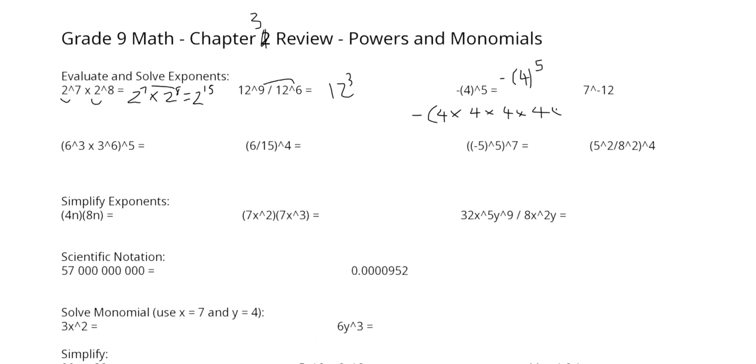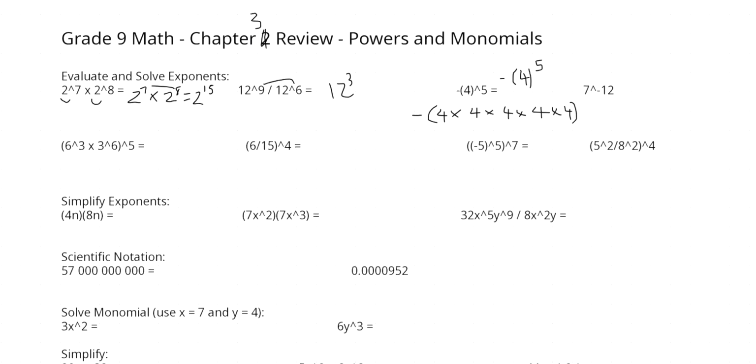Remember, when we have exponents that are odd numbers, it can determine what the sign is going to be if the sign is inside the bracket. But if the sign is on the outside of the bracket, and even if the exponent is an odd number, the sign on the outside of the bracket will dictate the value of the number. So in this case, we're going to put 4 to the power of 5.